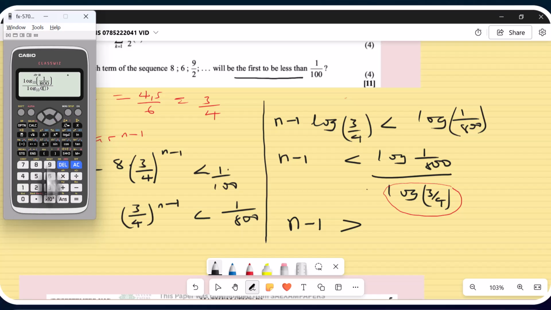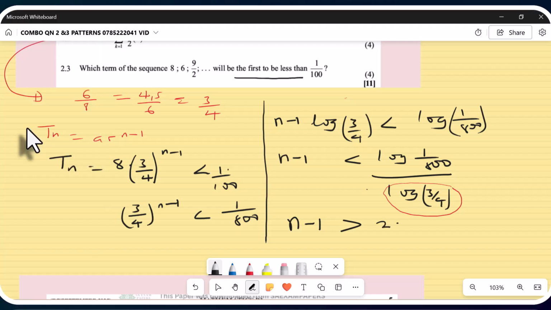Here it gives me 23.24. So it means n minus 1 is bigger than 23.24. If I add the one, n is bigger than 24.24. But because we're looking for the whole number, what comes after 24 is 25.